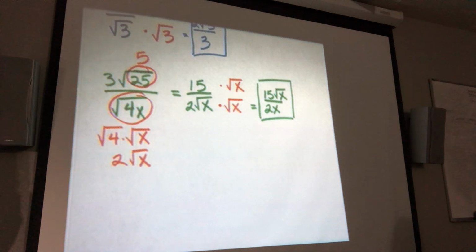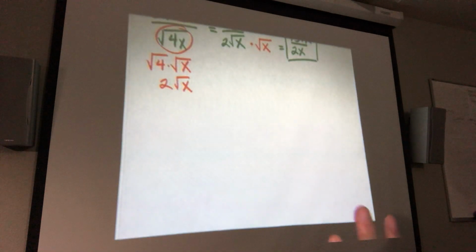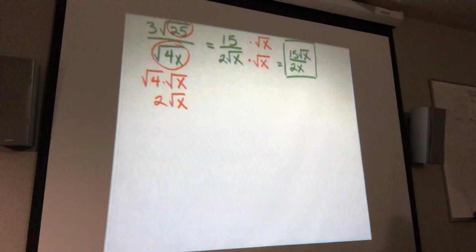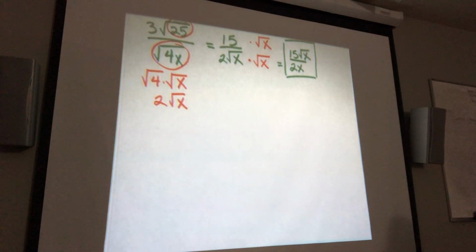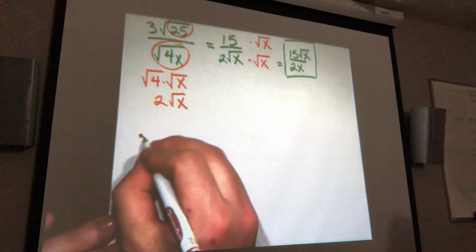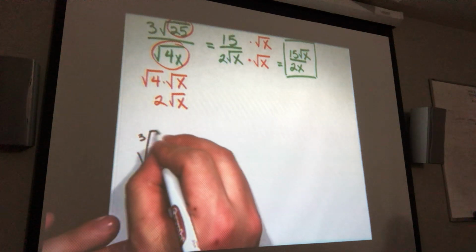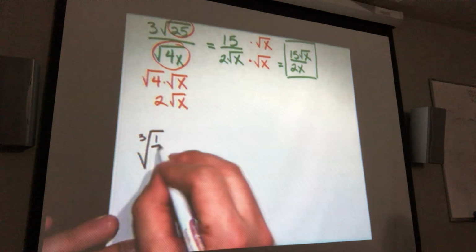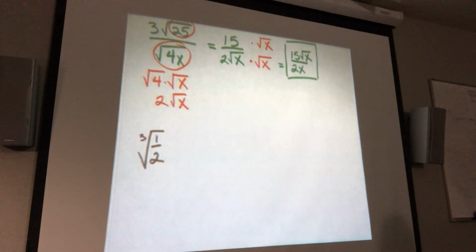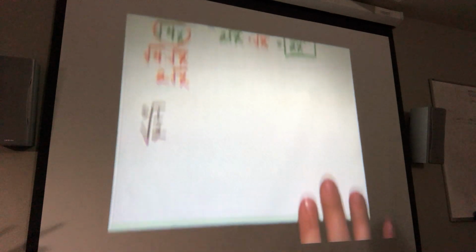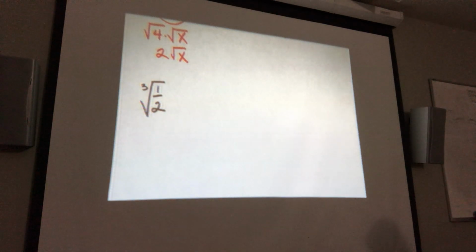You can even do this, I say can, you even have to do this when it's not a square root. Cubed root of, let's do a half. So I think the first thing I'm going to do is to separate the numerator and denominator.